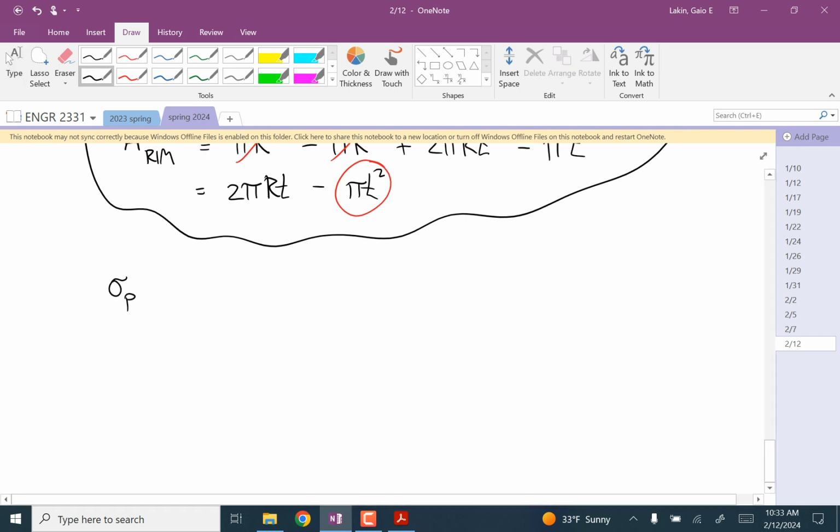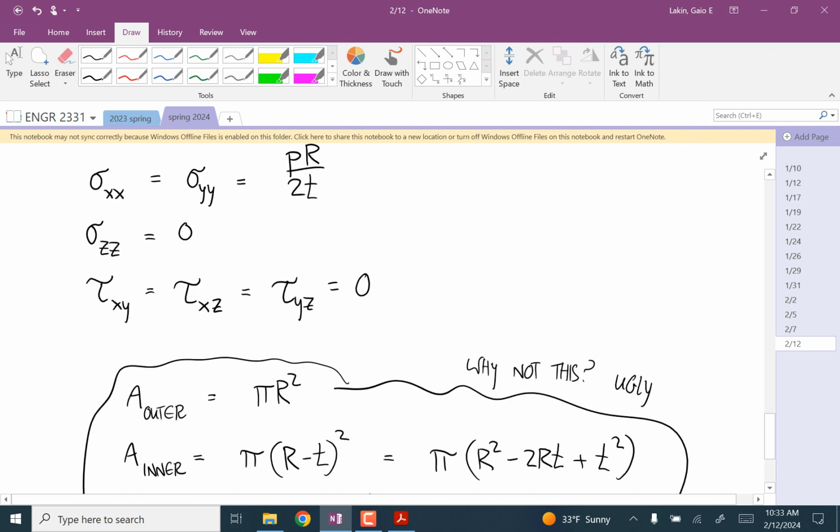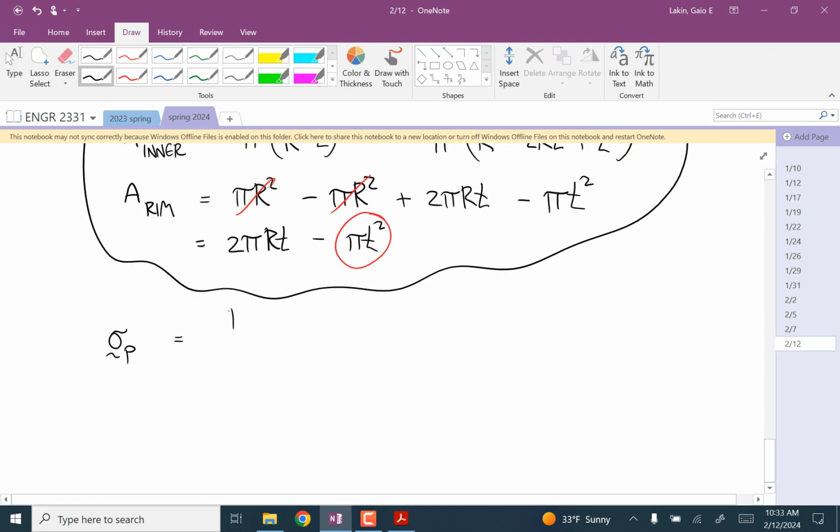The principal stress tensor for these things is p r over 2t, p r over 2t, 0, 0, 0.